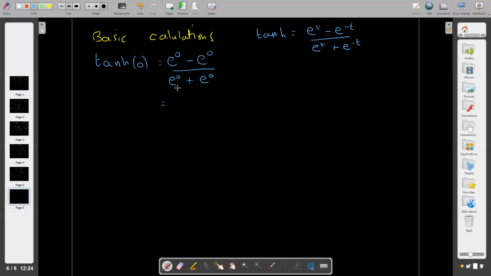Well, e to the 0 is 1, so 1 minus 1 over 1 plus 1. 1 minus 1 is 0, divided by 2 is still 0. So the hyperbolic tangent of 0 is 0. I could leave you to do this with a number of different examples. I'll maybe do one more example.